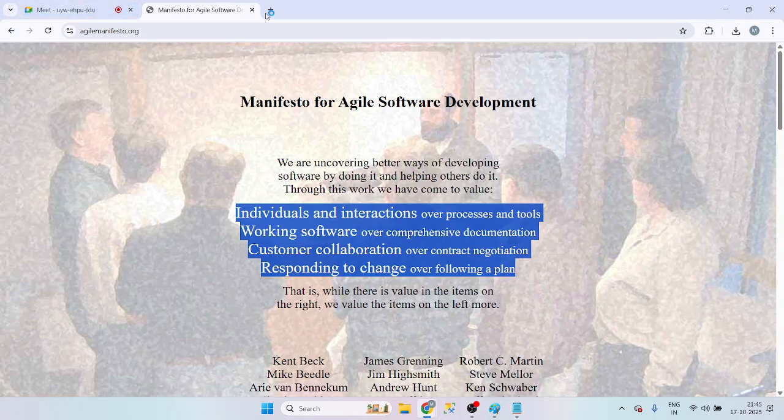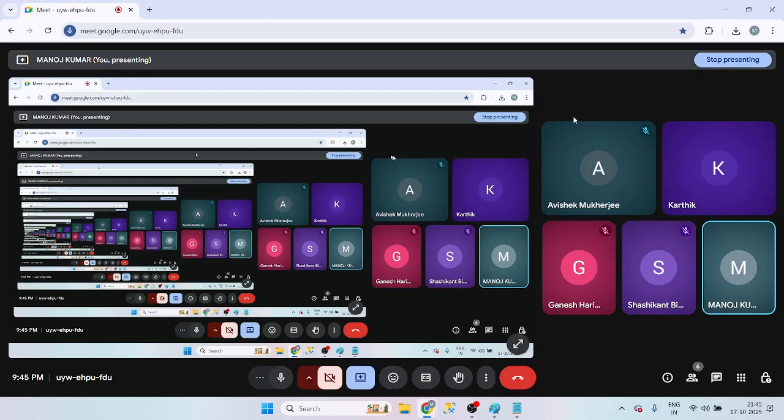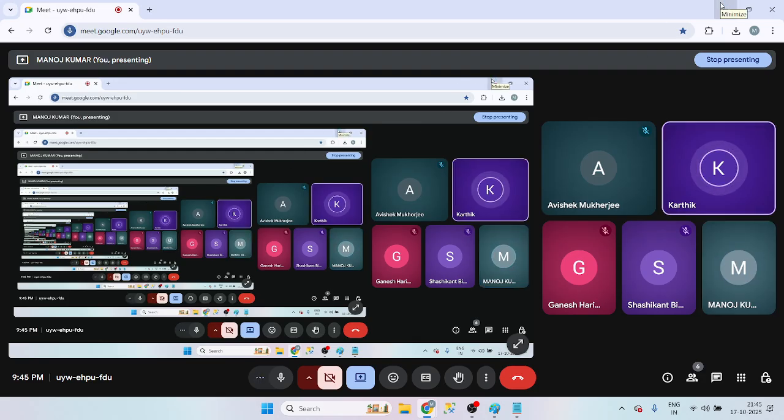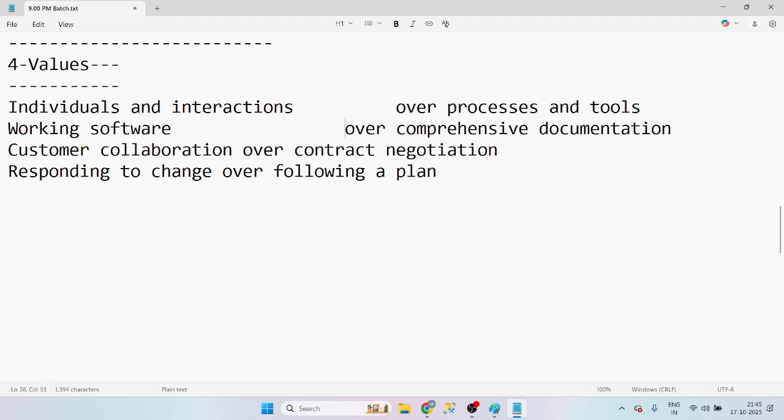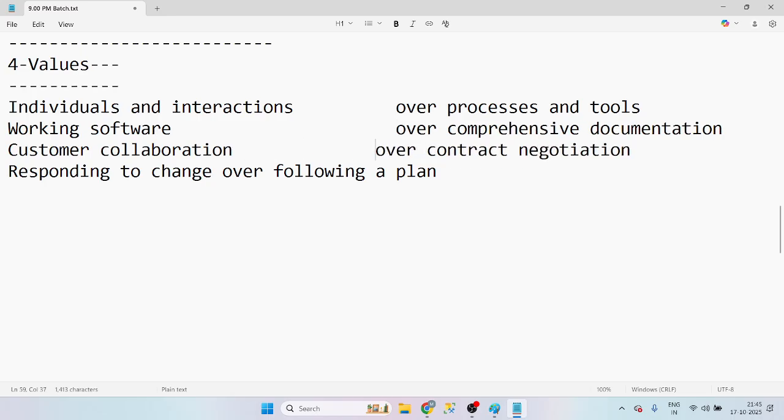Who said that? Myself, Karthik, Manoj. Oh, okay, very good. Over is the repeating word. It is repeated again and again, in every value.